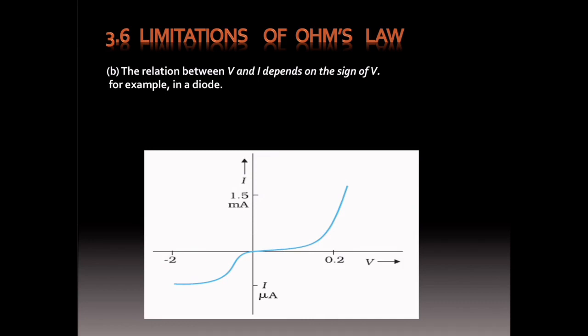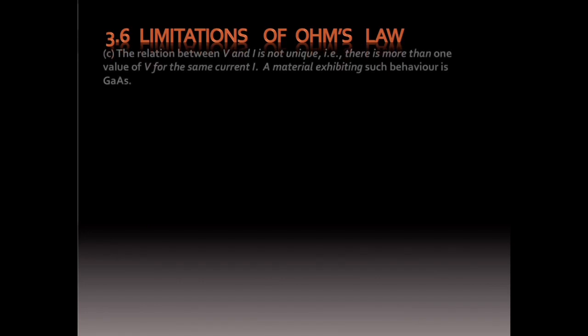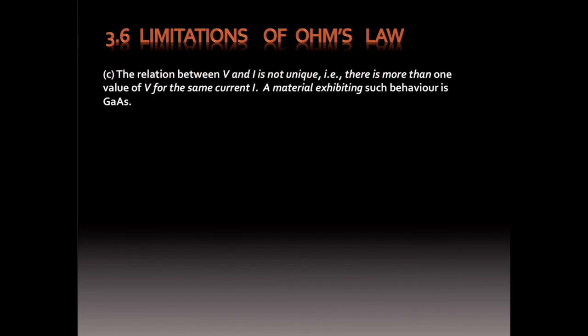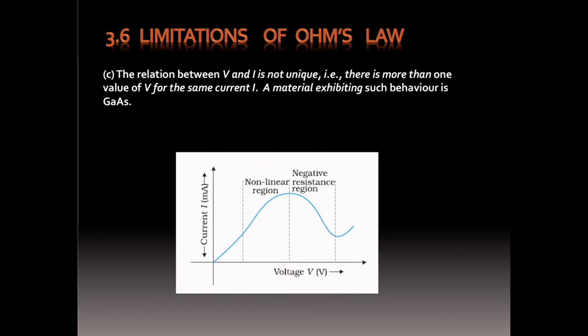See here, if we take a voltage of 0.2, we have a certain amount of current, and here if we take a voltage of 2, we have a different amount of current. The current sign changes when the voltage sign reverses. The relationship between voltage and current is not unique.